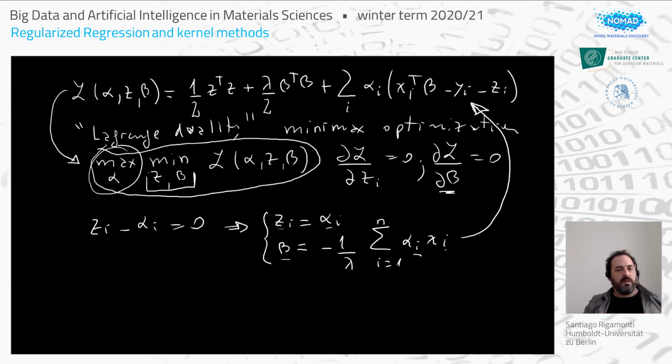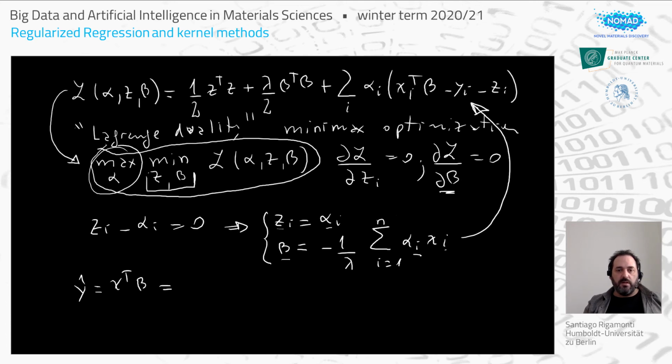Some important thing before continuing, before making the replacement. We now have this solution for beta, and our prediction for some data point x is x transpose times beta.